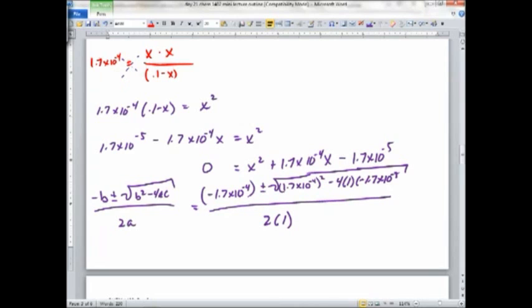Now notice inside the square root you've got a negative 4 and my c is negative, so that negative sign kind of disappears on you.